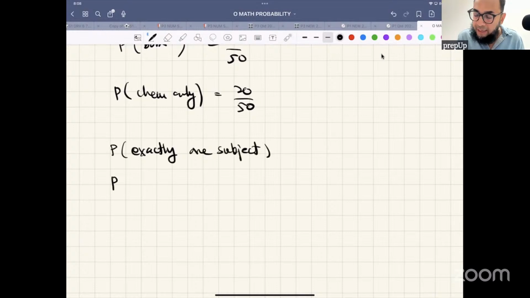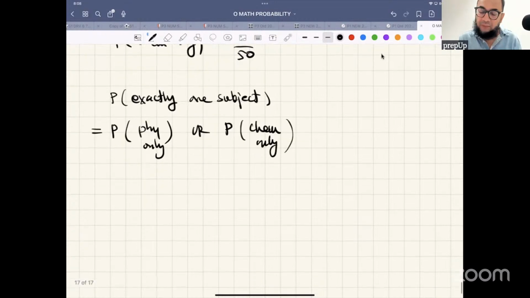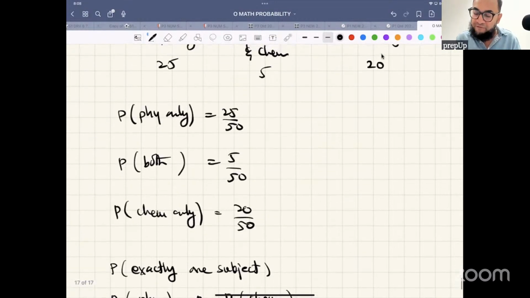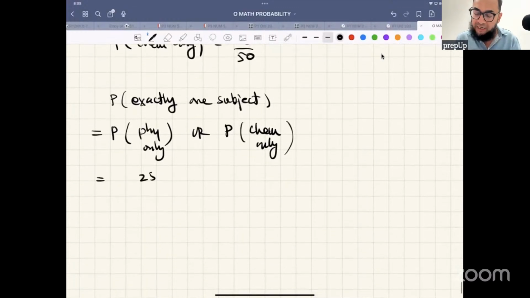Exactly one subject is probability of taking physics only or probability of taking chem only. So probability of physics only is 25 over 50, chem only is 20 over 50. So 25 over 50 plus 20 over 50.